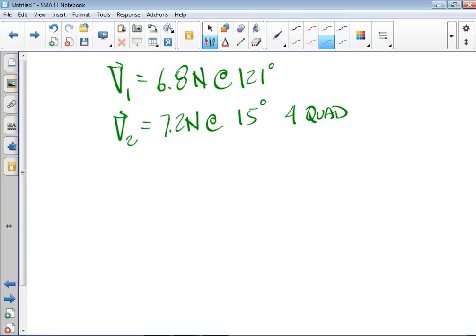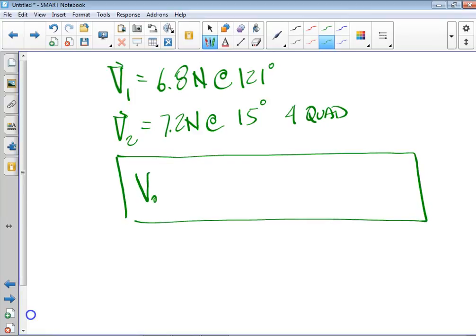So find a third vector that will cancel those two out using the steps we just outlined. I would pause the video and come back to it, and I will show you the answer. The opposite vector that will cancel out those two. And so pause the video. I'm going to double check my answer and then come back and look at it.